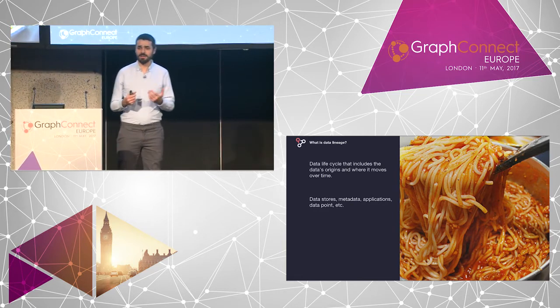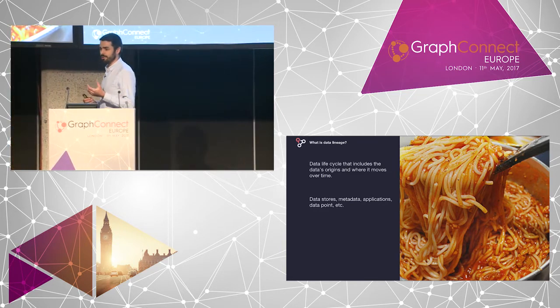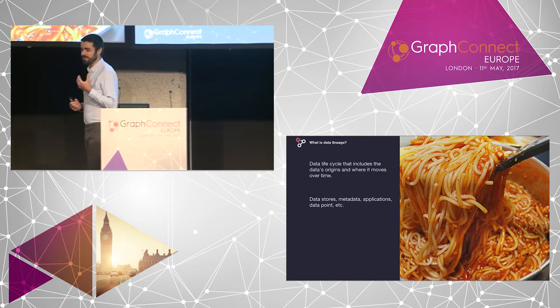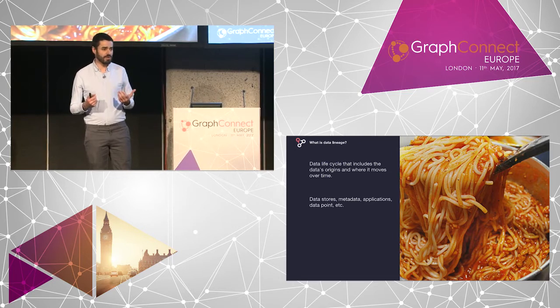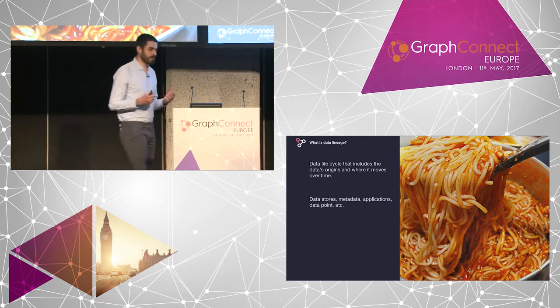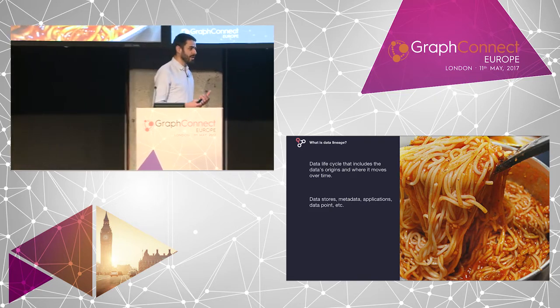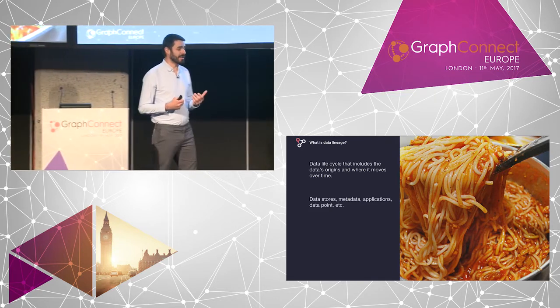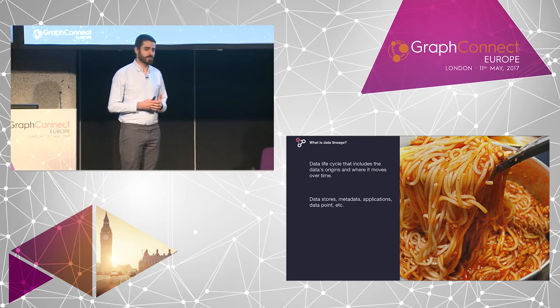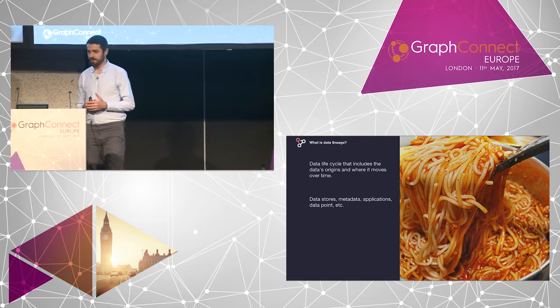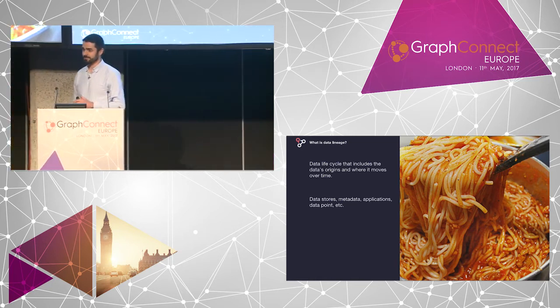Or another question like, is a particularly sensitive data point, a particularly sensitive piece of information, being propagated across my organization in an unsafe manner? For all of these questions, we need to establish strong data lineage to be able to provide concrete data-oriented answers. So this is what data lineage is.